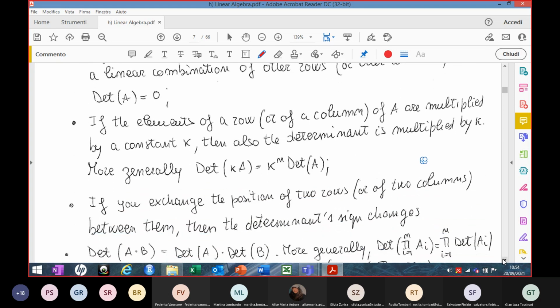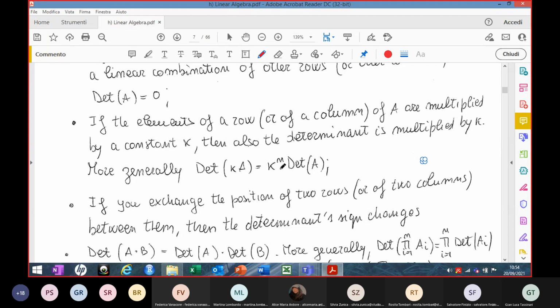If the elements of a row or of a column of a matrix A are multiplied by a constant, then the determinant of A is also multiplied by that constant. Why?